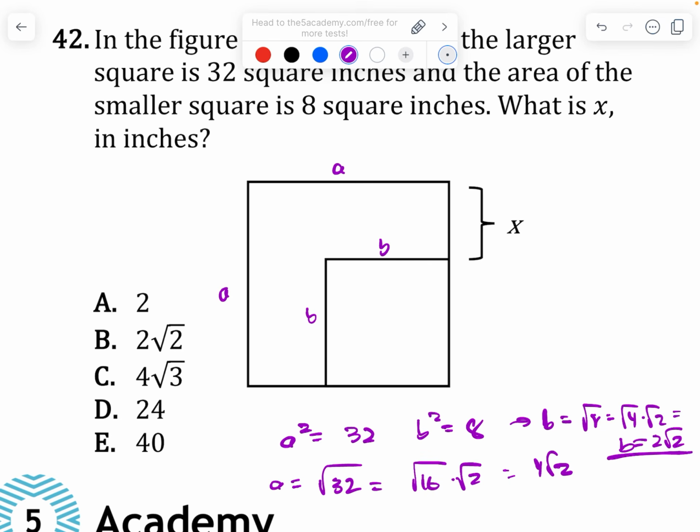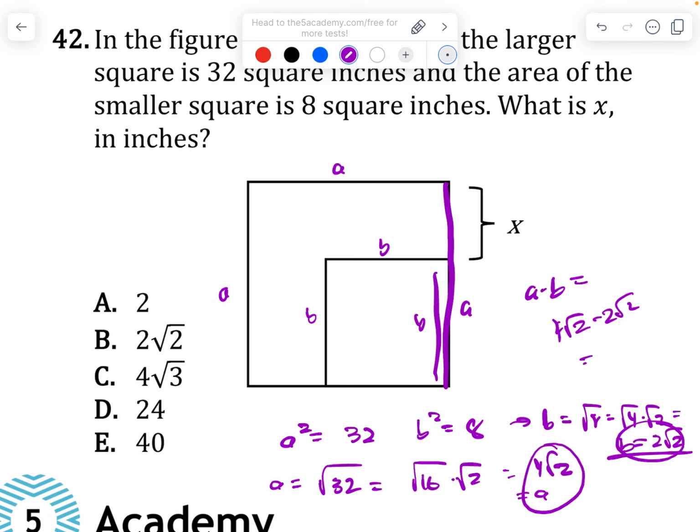So I have B and I have A. I also know that if this whole thing is A, and this is B, then A minus B I can actually evaluate. That's going to be 4 square root of 2 minus 2 square root of 2. It's equal to just 2 square root of 2.